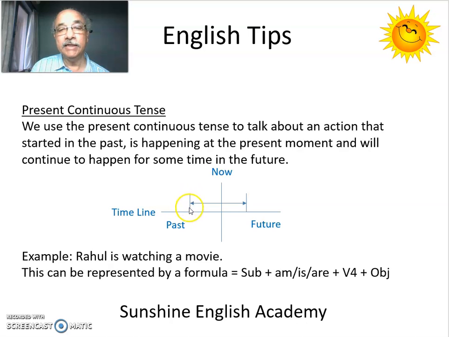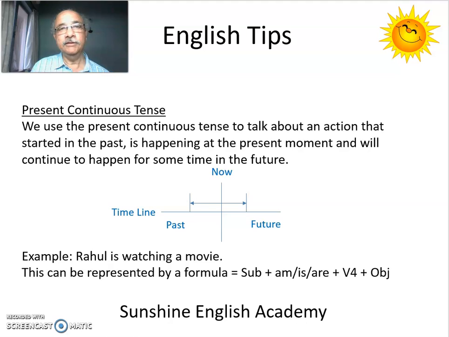It started in the past, and the action has been going on, and it is still happening at the present moment. And most likely, it will continue to happen in future. The action will continue for some time. This is the present continuous tense.